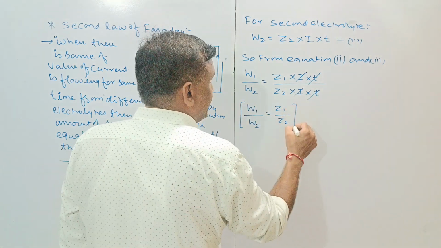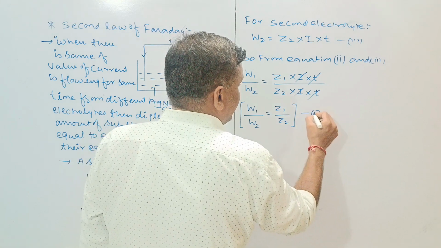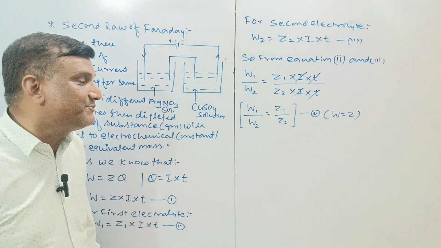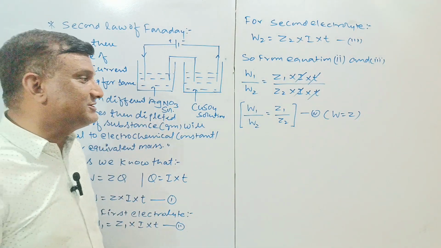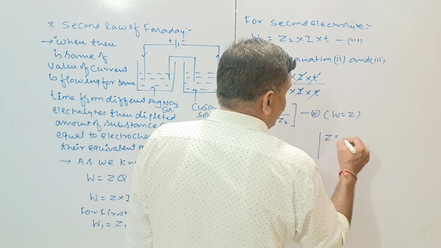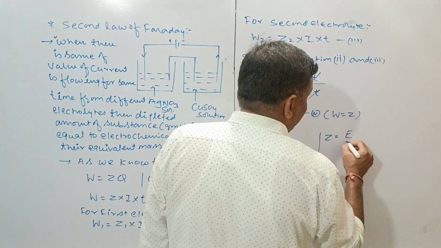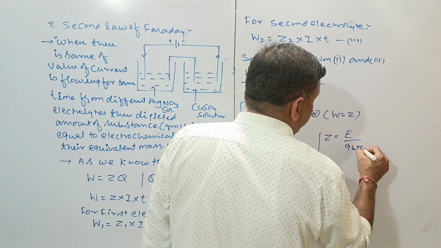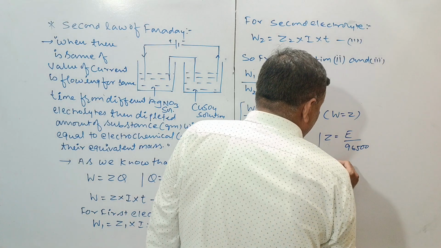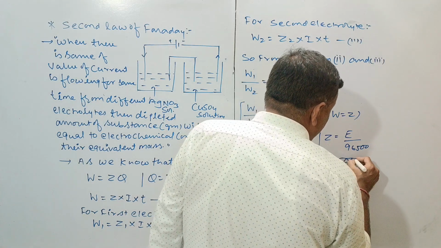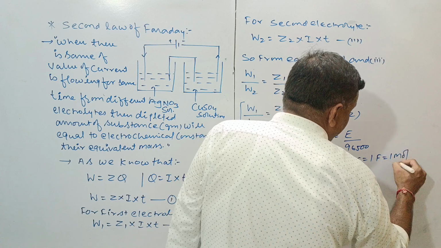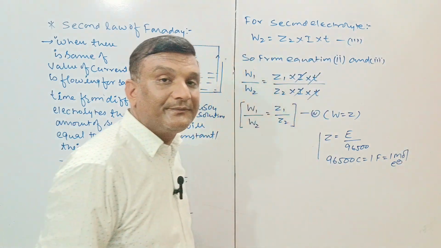From this equation, W is proportional to Z. This is the most important. Now it is time to discuss the value of Z. The value of the electrochemical constant is equivalent mass upon 96500. 96500 coulomb is called 1 Faraday, or you can say 1 mole of electrons.